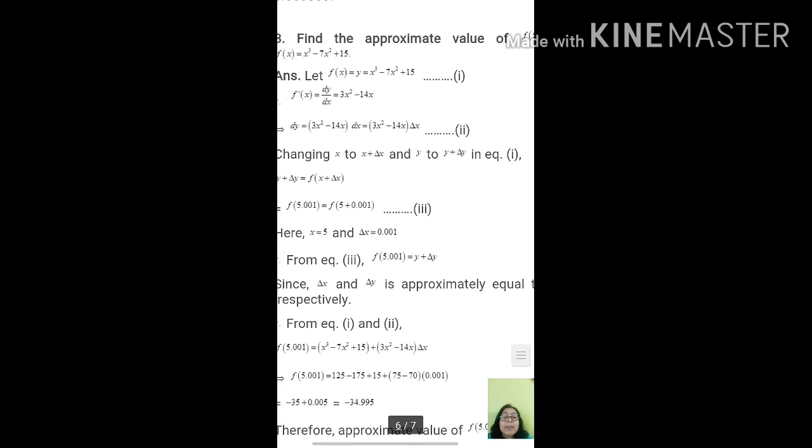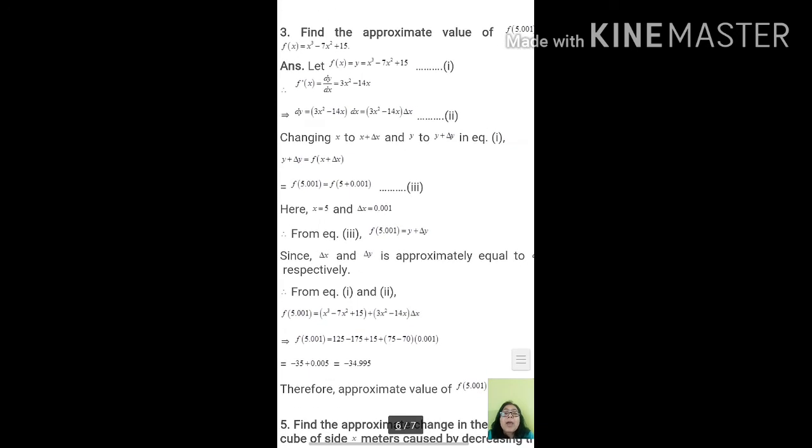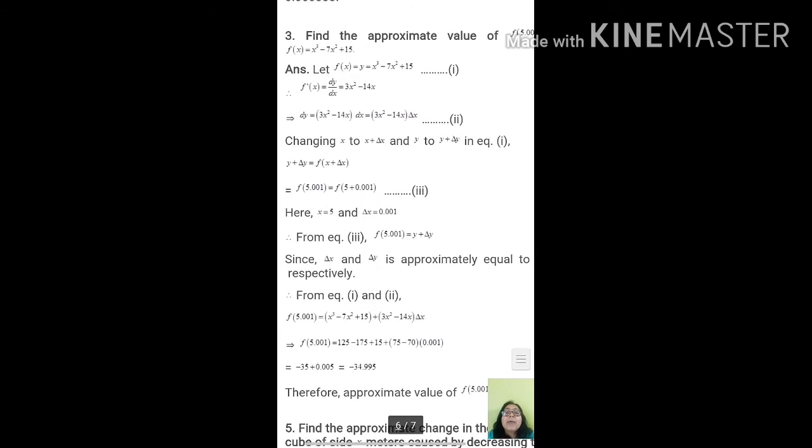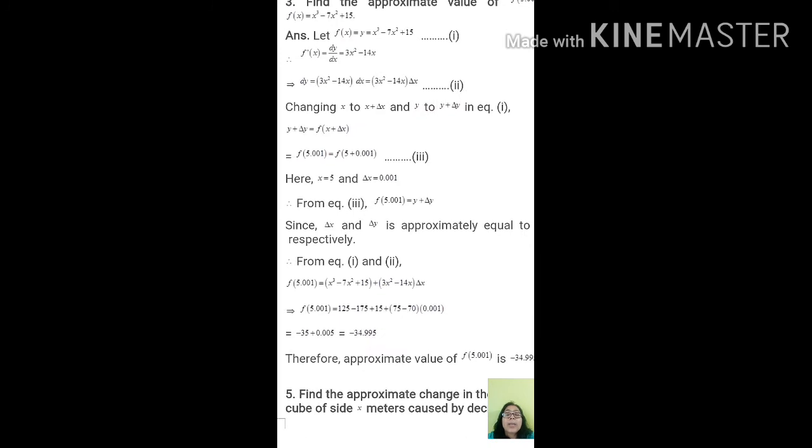Next, question number 3. Find the approximate value of f(5.001) where f(x) is equal to x cube minus 7x square plus 15. So f dash x we can get as 3x square minus 14x. So delta y we can write as 3x square minus 14x into delta x. Okay, delta y you can get.